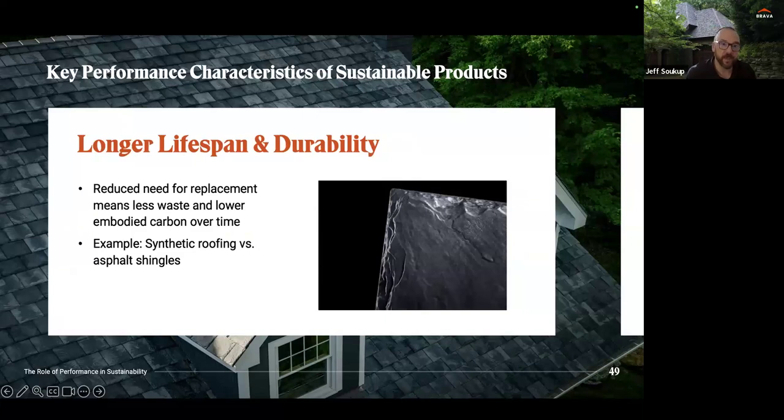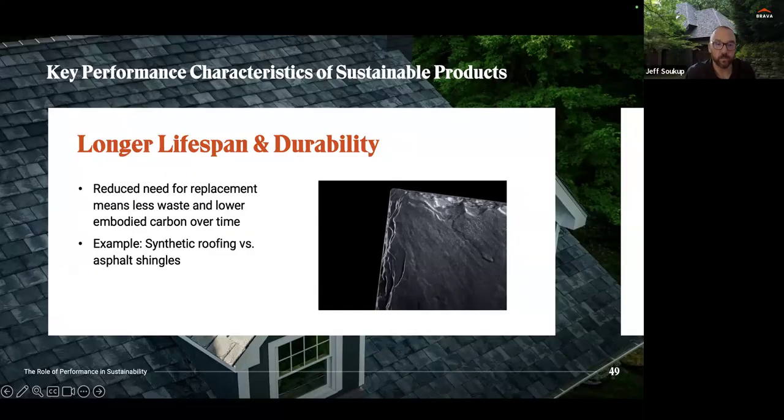Longer lifespan and durability, again, flattening that curve of the embodied carbon. So the longer a product lasts, the more efficient it is, or the less waste we encounter, the lower the embodied carbon. Great example of this: synthetic roofing versus asphalt shingles. Asphalt shingles, you can get a 25-year shingle, probably going to last you 12 to 15 years.